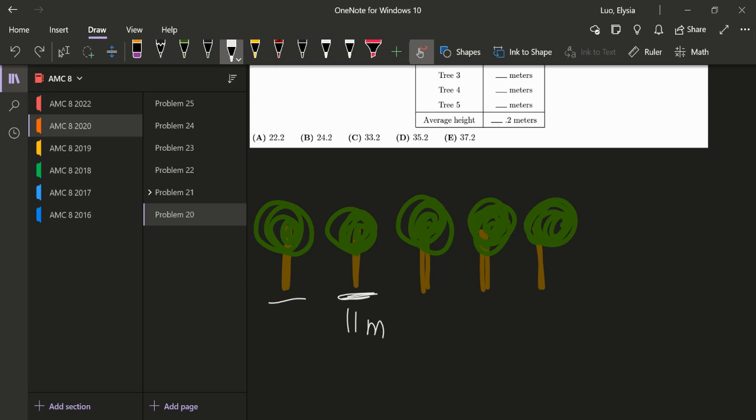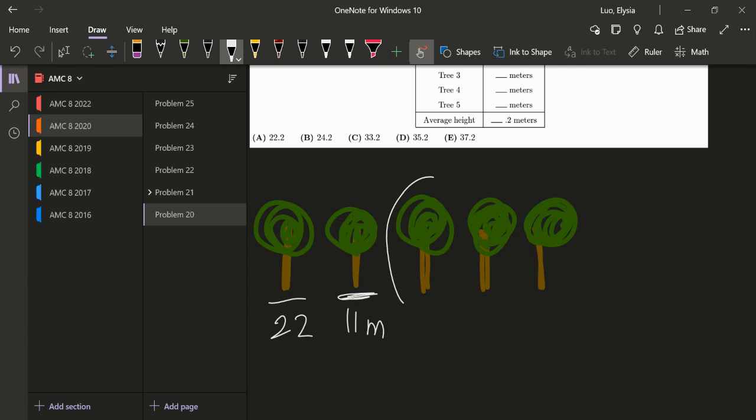It could either be 1/2 of the tree to its right, so 1/2 of 11, or it could be double the tree to its right, which is 11 times 2. Now you might think that both those options are viable, but if you remember reading the question, it's supposed to be an integer. Therefore, 11 divided by 2, which is 5.5, will not be a viable option. So the only option for the first tree would have to be 22.